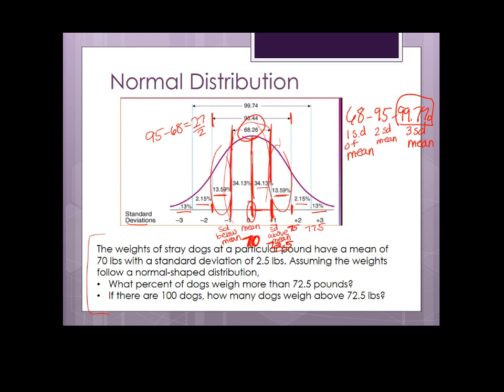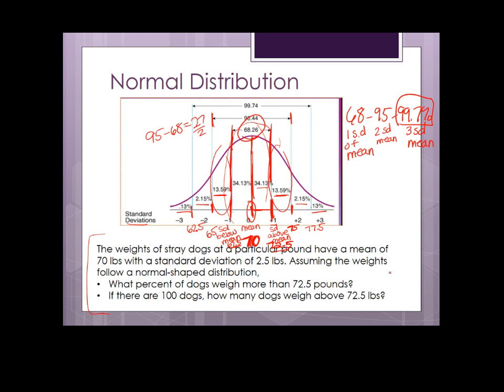So now instead of adding 2.5 each time, I'm going to subtract 2.5. 70 minus 2.5 is 67.5. And then 2 standard deviations below is 2.5 again below that. So if I subtract 2.5 from 67.5, I get 65. And then this one, 2.5 below that is 62.5.